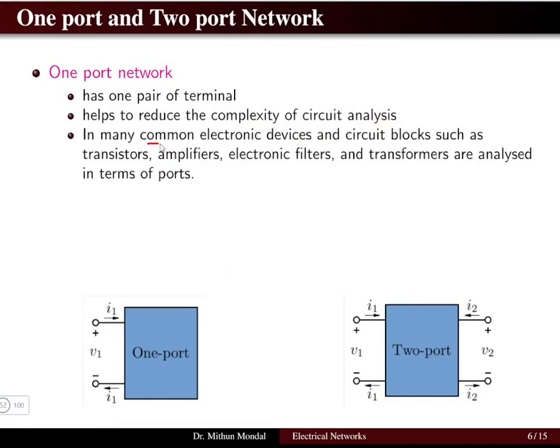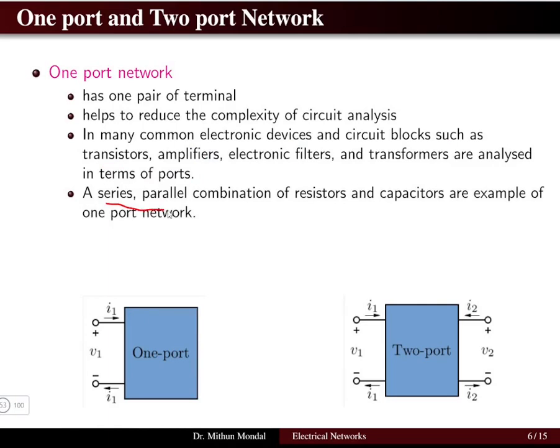Many common electronic devices and circuit blocks such as transistors, amplifiers, electronic filters and transformers are analyzed in terms of ports. So we need to do the analysis in terms of the ports because they are the terminals. In a one port network you will have only one pair of terminals.